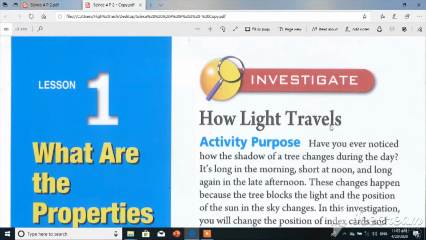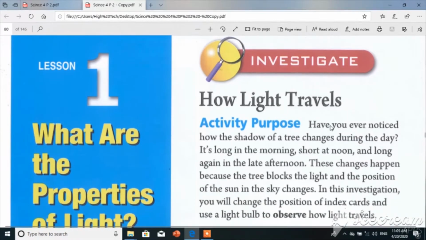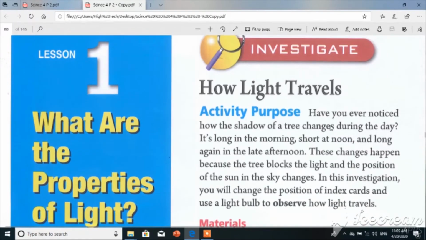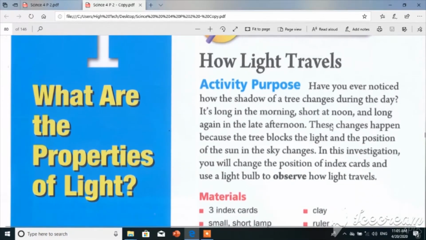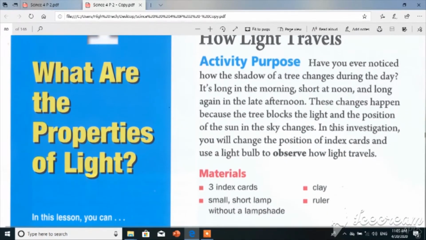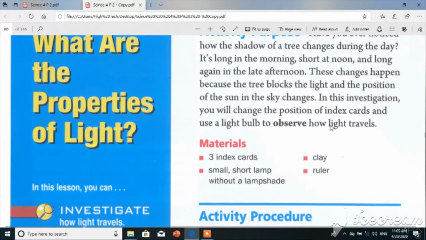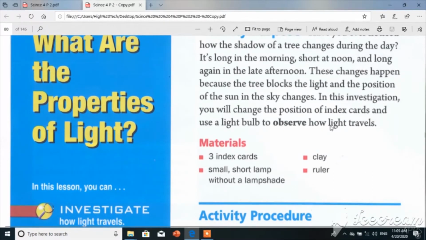These changes happen because the tree blocks the light and the position of the sun in the sky changes. In this investigation, you will change the position of index cards and use a light bulb to observe how light travels.